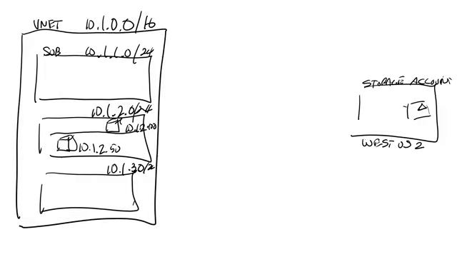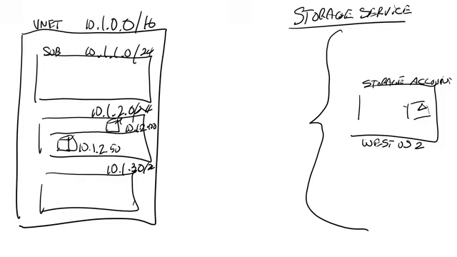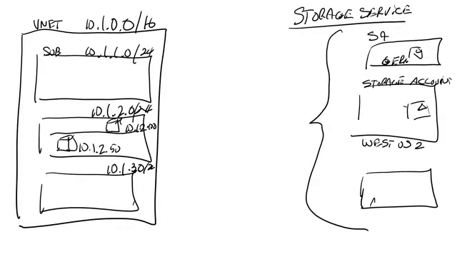Now, the storage service is global in scope. In fact, you might actually have storage accounts. Let's mark it as SA. So you might have a storage account that has resources in it. This one might be in Germany. You might have another storage account that's in Asia.